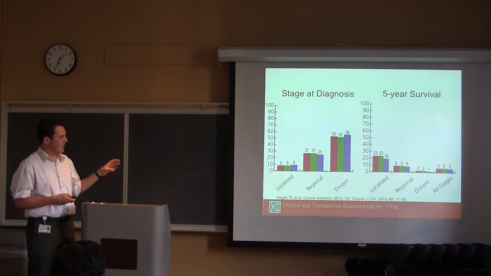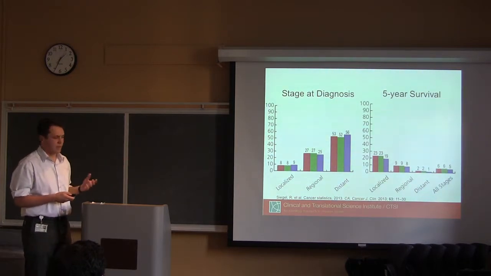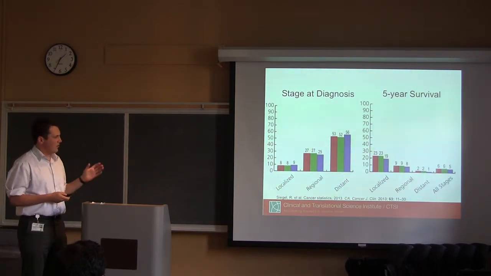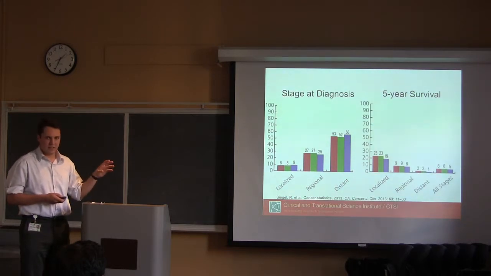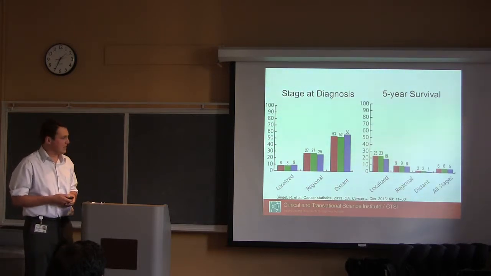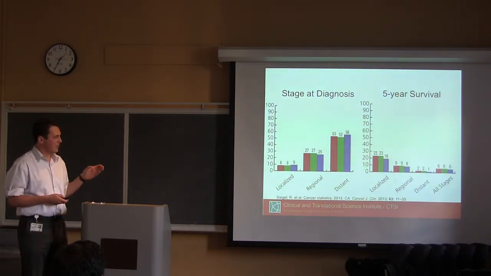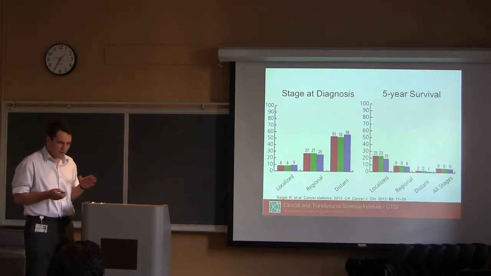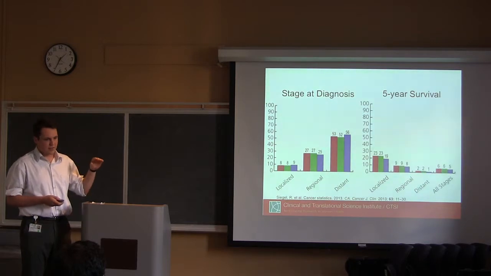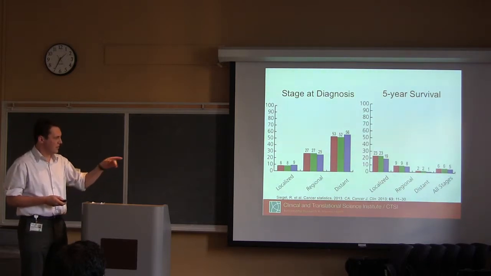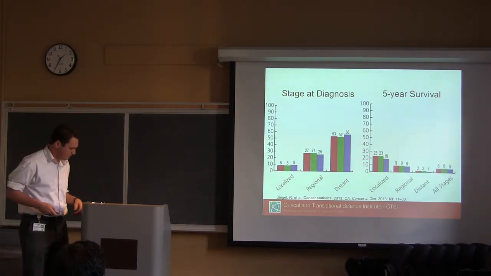Of course, if you were in that 8%, the 5-year survival was 23%. However, the vast majority either had regional spread or were distantly metastatic, with 5-year survival rates of 9% and 2% respectively. So as I mentioned, all comers again, 1 year survival 25%, 5-year survival only 6% here.